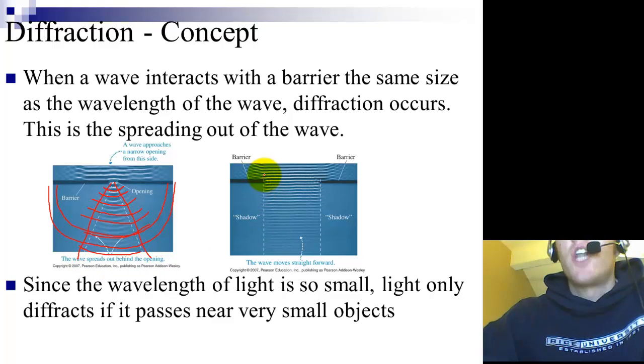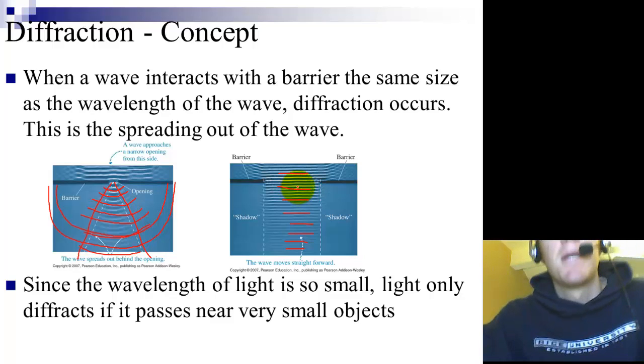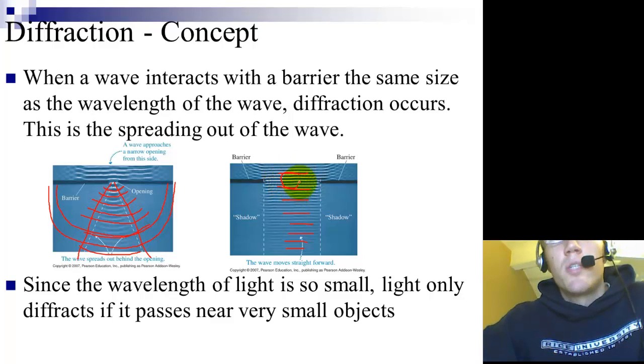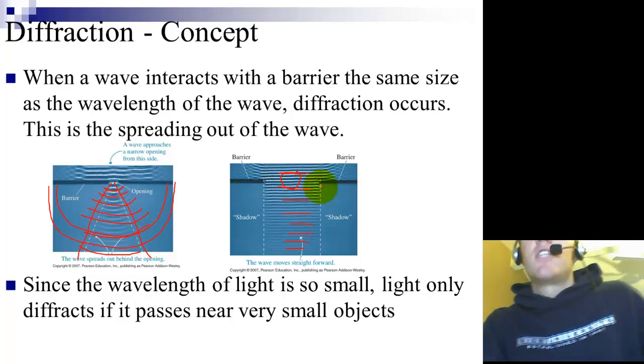Whereas if you have a giant barrier that's really big compared to the size of the wavelength, the waves in the middle here just keep going straight through. They don't really notice that there's a barrier. And it makes sense because the water molecules here don't know that there's a barrier way over here. The only way they can get that information is if it's transmitted.